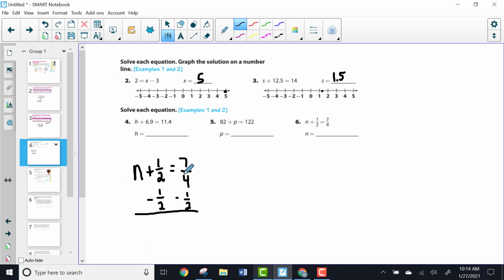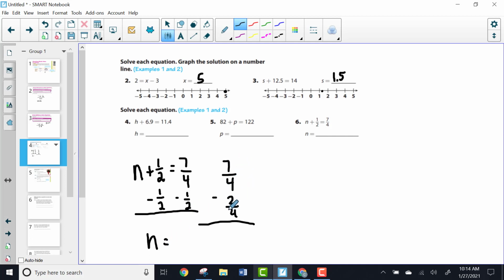Now you can't take 1/2 from 7/4, so you got to find a common denominator, which is going to be 4. So we take 7/4, that stays the same. That 1/2 is going to equal 2/4 now. So we'll drop our n down to figure out the value of n.